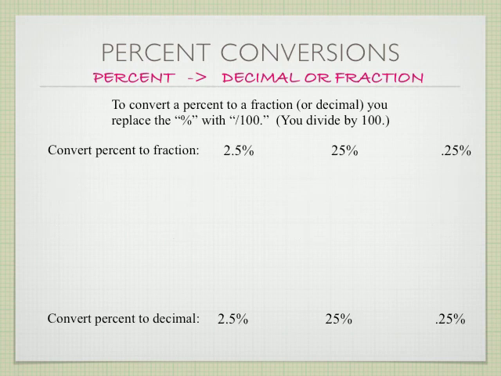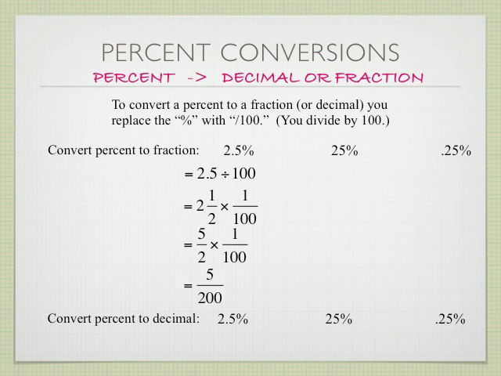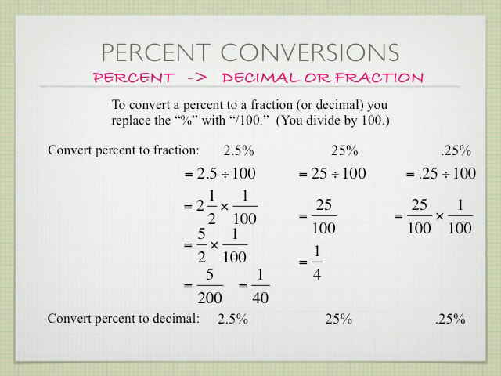So if I'm going to convert these percents to fractions, I put in divide by 100, make it an improper fraction. I get 5 over 200, which simplifies to 1 over 40. If I convert 25%, make it into a fraction, and simplify to 1/4. 0.25%, that would be 25 hundredths, taking the decimal and making it a fraction, and then taking the percent and making it a fraction, so that would be 1 over 400.